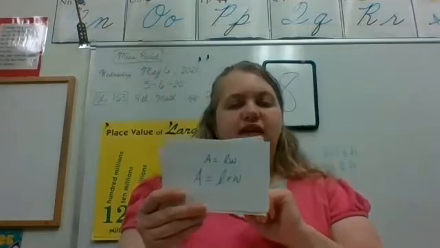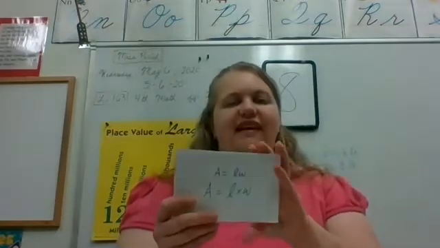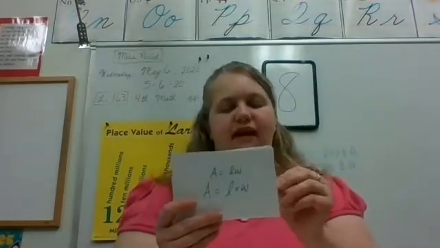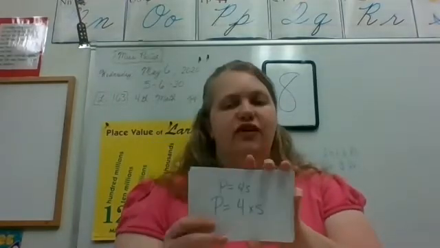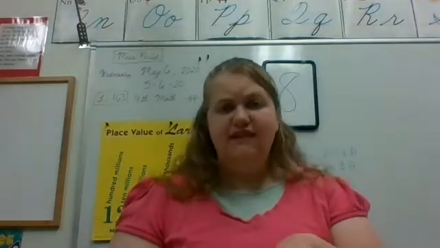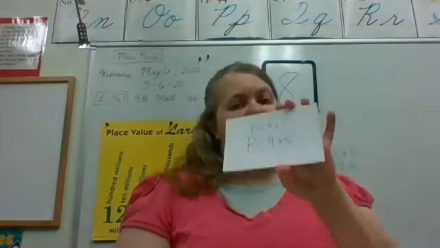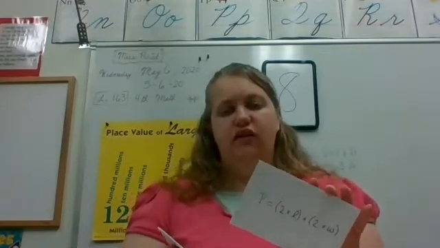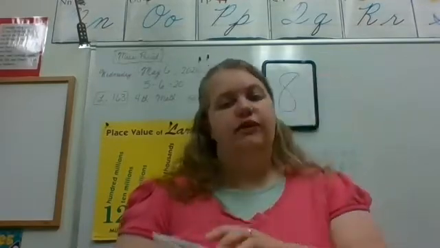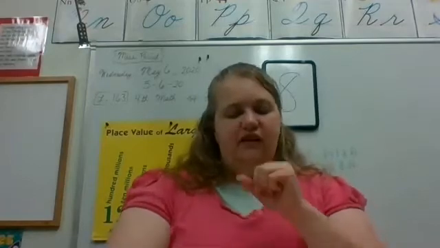A equals L times W, length times width. Area of a rectangle. Good job. P equals 4 times S, perimeter of a square, all right? The ones for the square, there's S in the formula, okay? The ones for rectangle, L and W are in the formulas, okay?